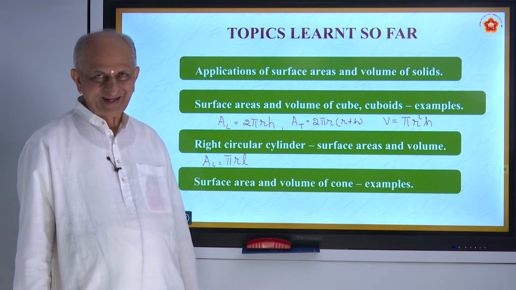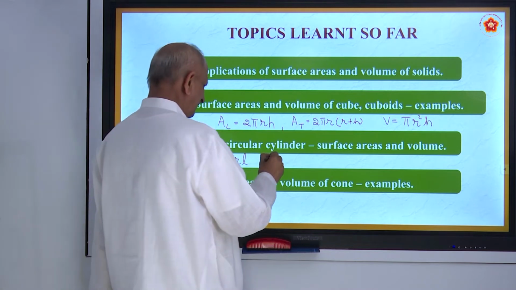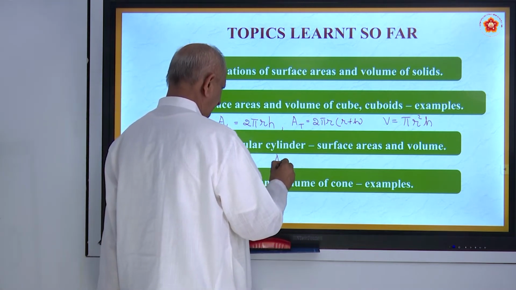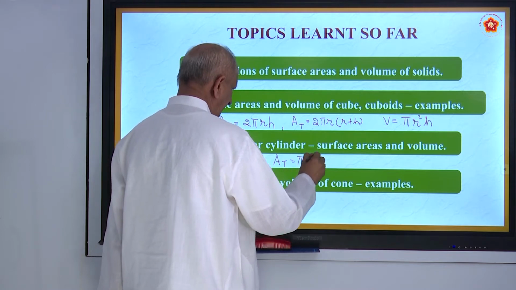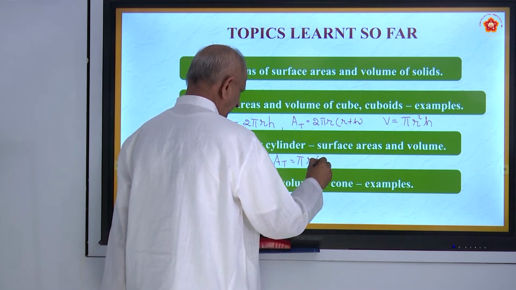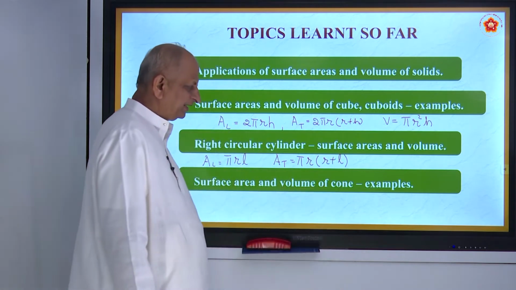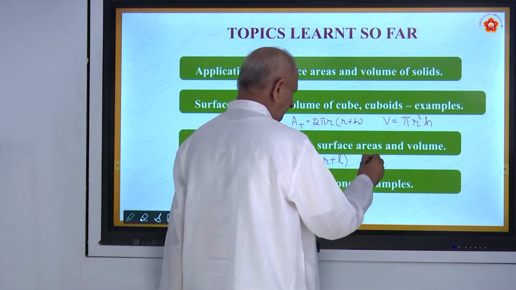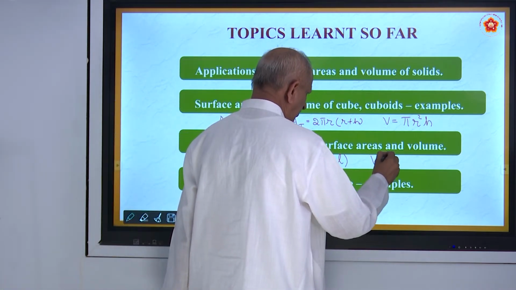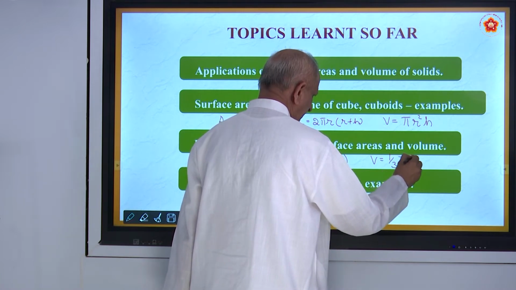L is the slant height. What is R? Radius. And you also have a total surface area, that is the area of the base plus the curved surface area. Totally it becomes pi R into (R plus L), so much of square units. And the volume of the cone is given by the formula 1/3 pi R square H.